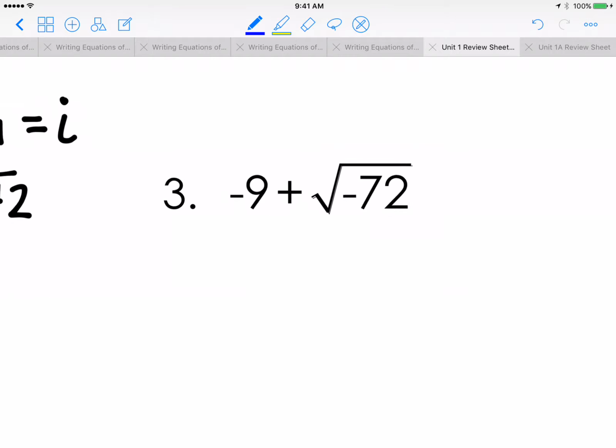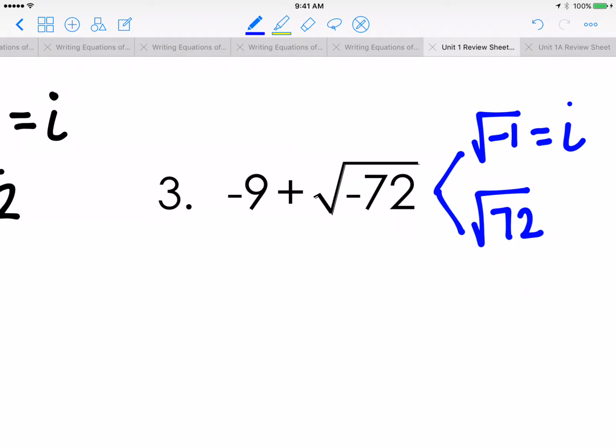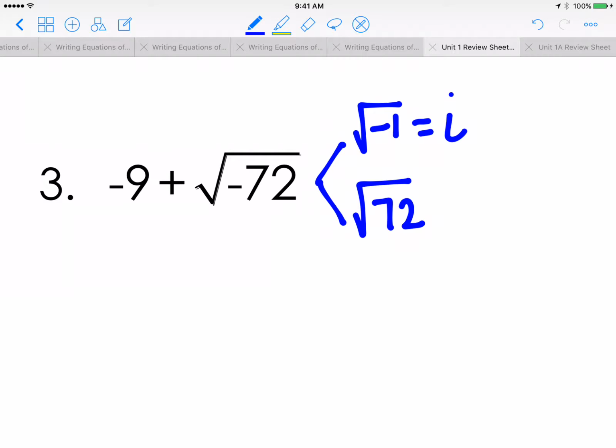All right, number 3. Okay, so remember, you cannot add a real number to an imaginary number. So we're going to have to simplify this, the square root of negative 72, which is square root of negative 1 times square root of 72. So this becomes an i, and can we break down 72 by anything? Well, yes, 72 is 9 and 8, but then there must be something bigger than that too.